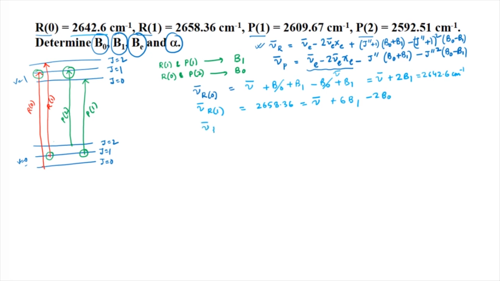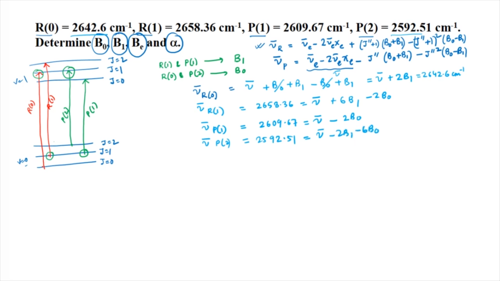Similarly, nu bar P 1 is given by 2609.67, and this is nu bar minus 2 B 0, and nu bar P 2 which is 2592.51 is given by nu bar minus 2 B 1 minus 6 B 0.